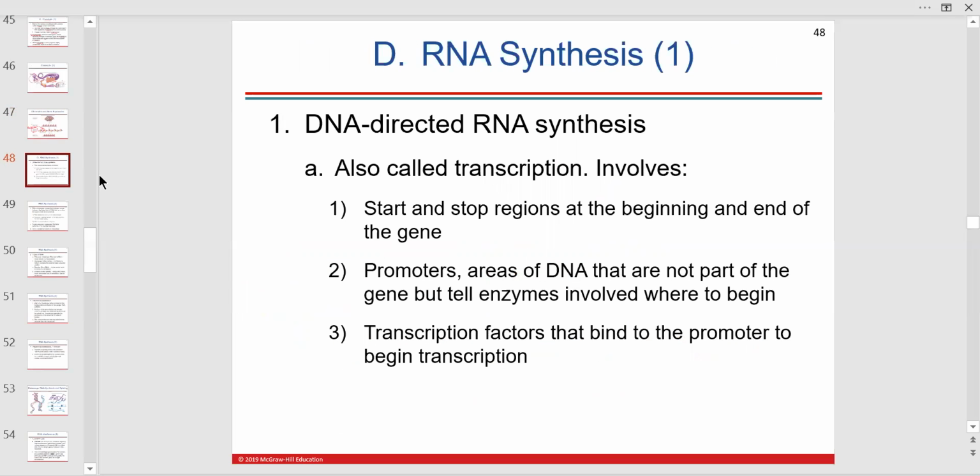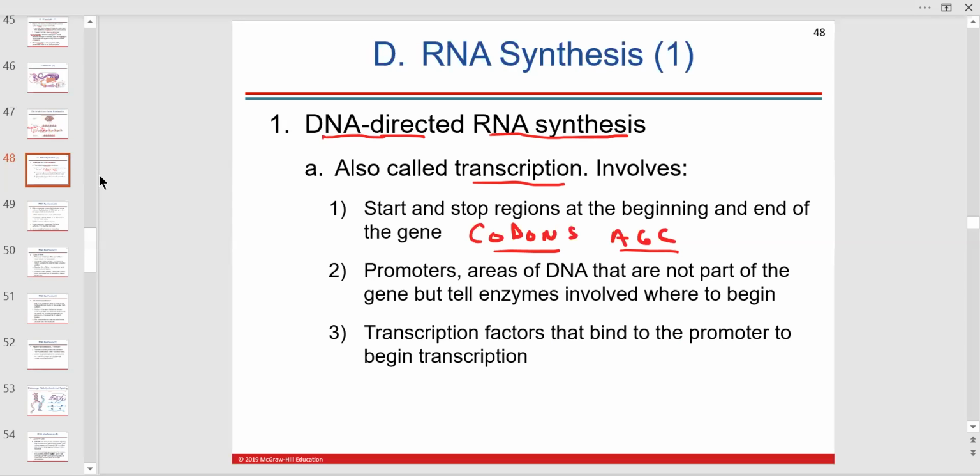So this is basically back to the nuts and bolts of how the machinery works, where it's DNA directed to the RNA. So RNA is synthesized and copied from the DNA, and that's called transcription. So this is a sequence of what are called codons, which are 3 bases forming together. So the 3 bases will form an amino acid based on that.